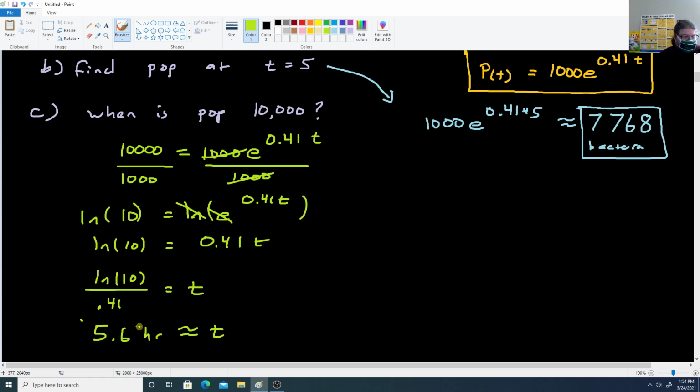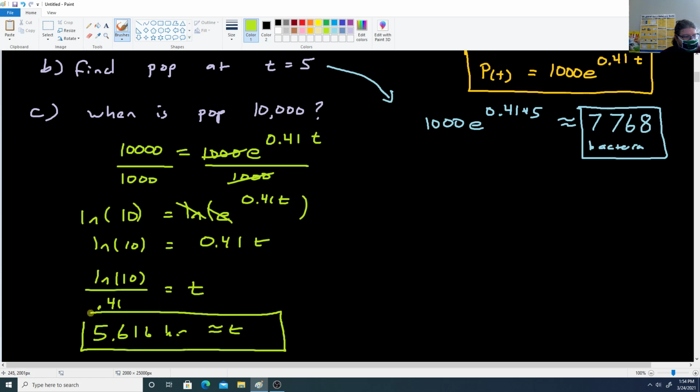I guess we should round to three decimal places like they do on the AP test. So it'd be 5.616 hours, about equal to t. Okay, so that is our first example.